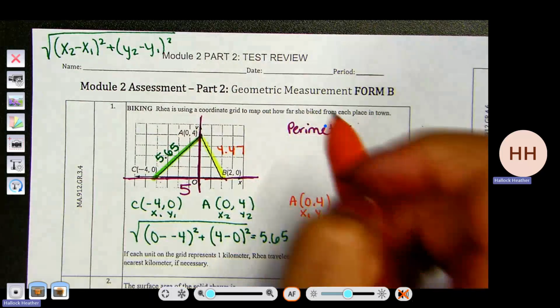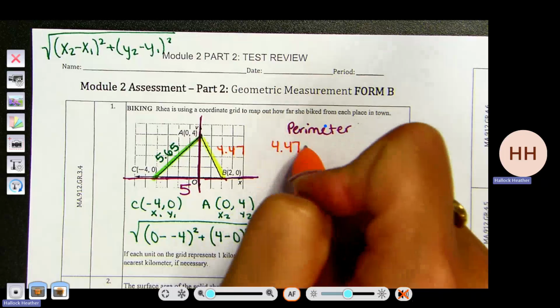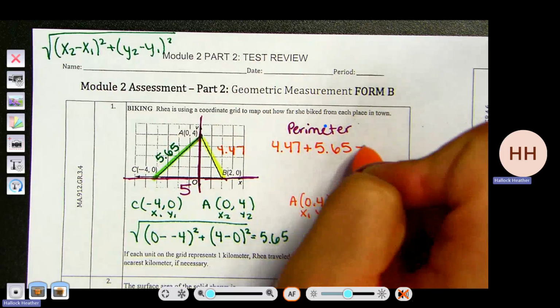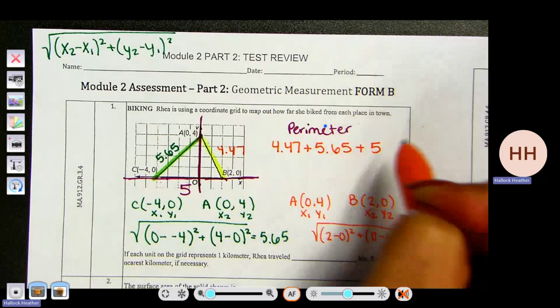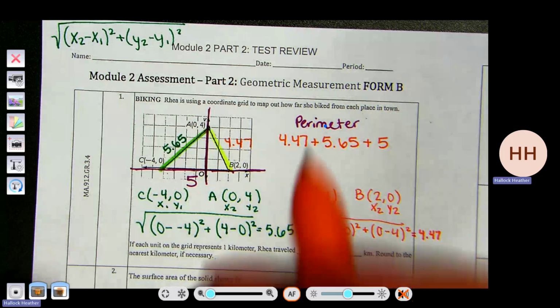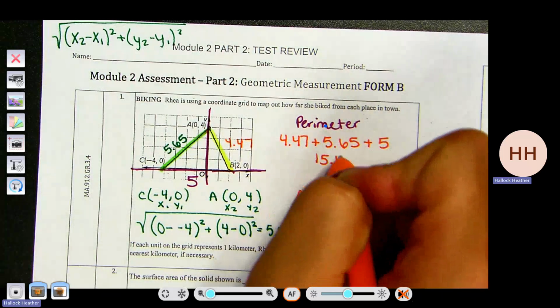Perimeter, I add up all the sides. So I'm doing 4.47, adding 5.65, adding the bottom, which is 5, which is 15.12.